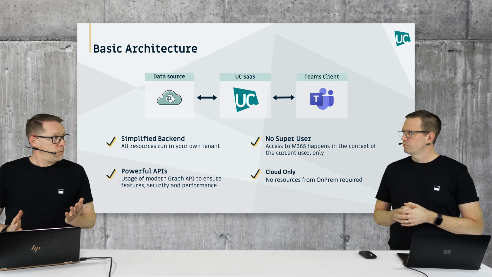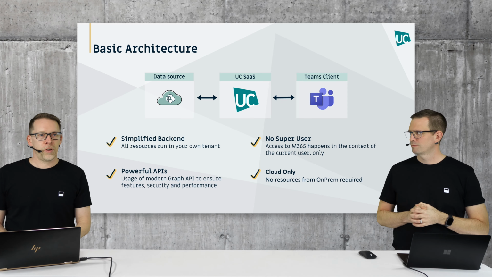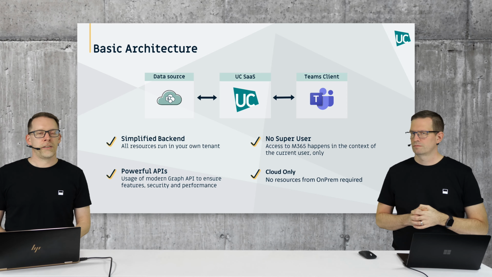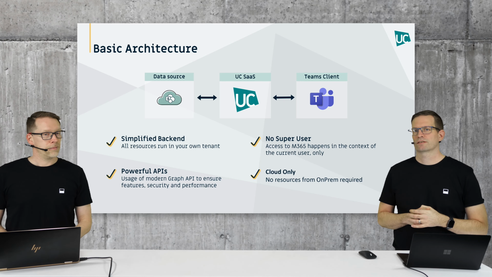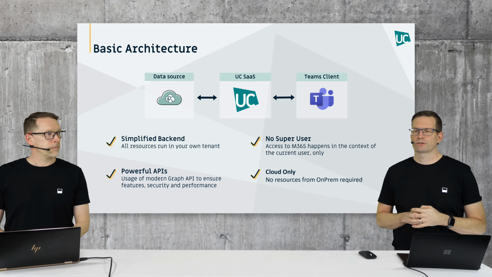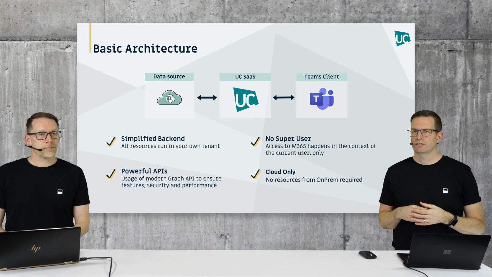So as a summary, we could say really the simplified backend: you can run Unified Contacts Pro in your environment, so everything is in your hand, no data is going across, so therefore it's safe. It's very safe. Then the same as we already explained for Unified Contacts free, no super user is required, so no managed identity, no stored credential.